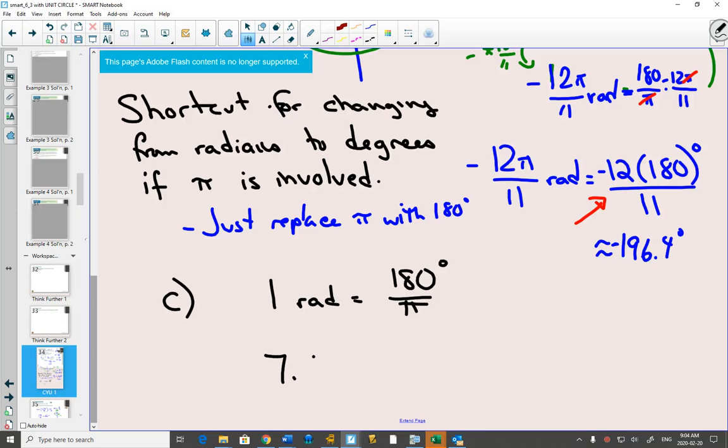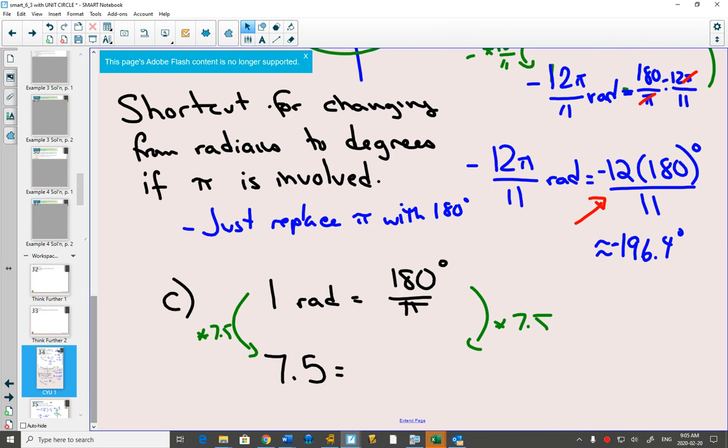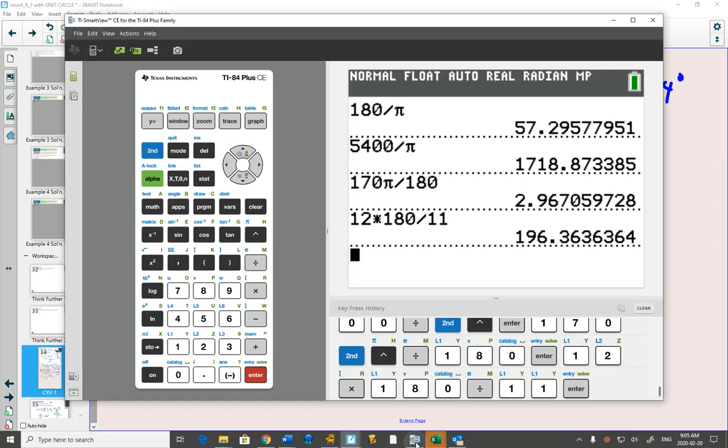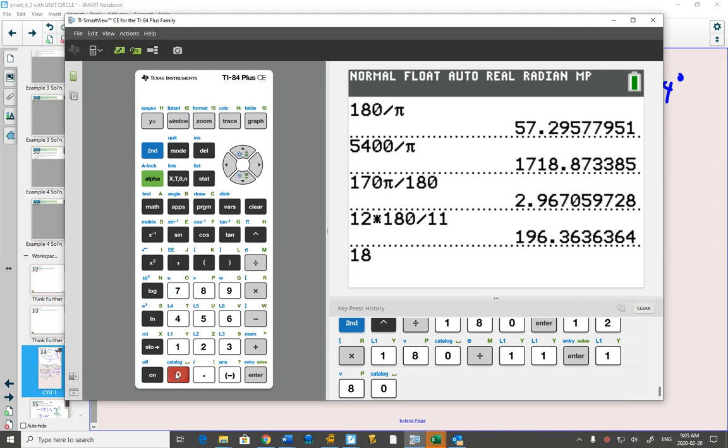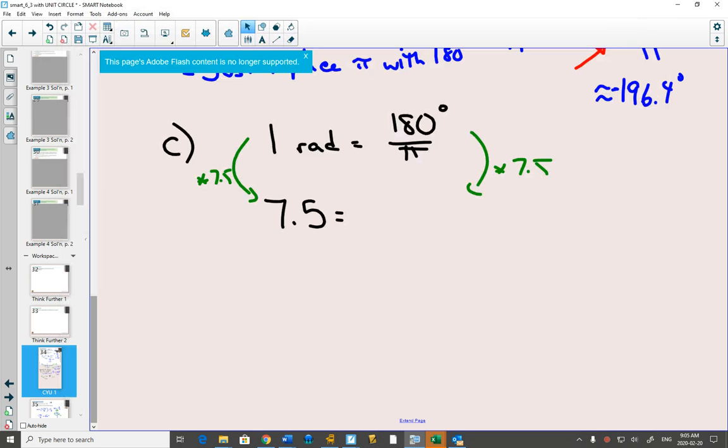So 7.5 radians would equal, well, I have to multiply by 7.5 on my calculator. 180 times 7.5, 1350.